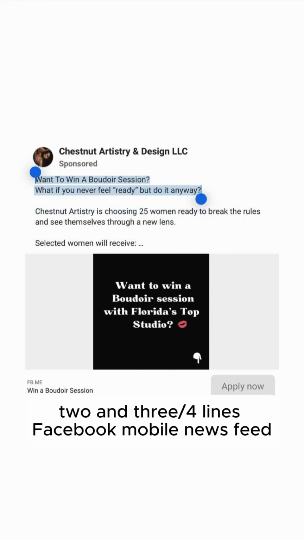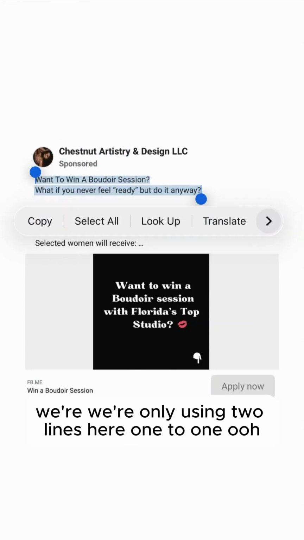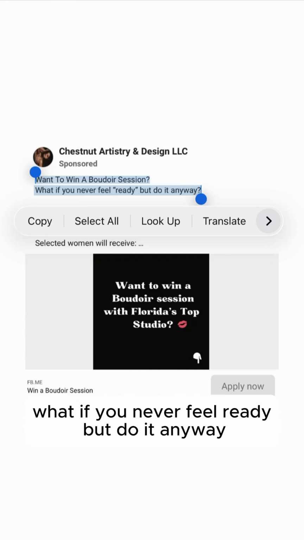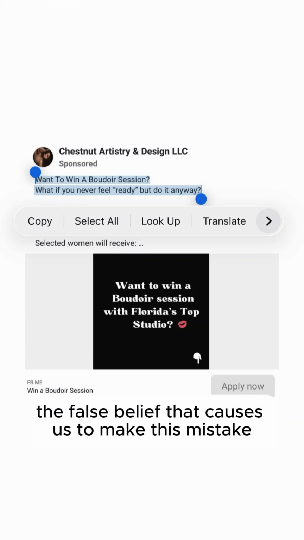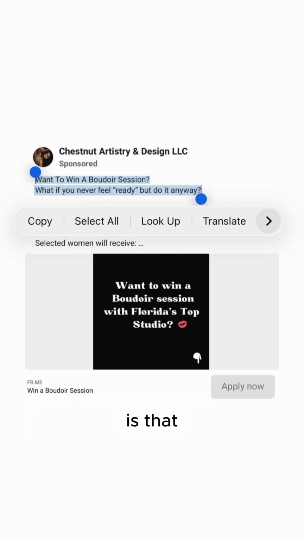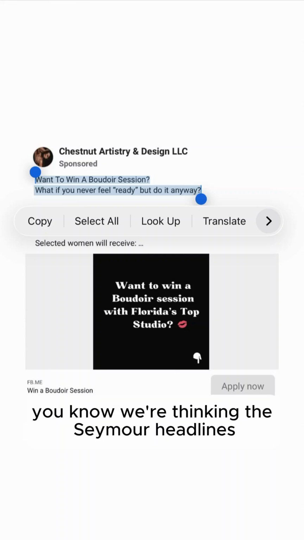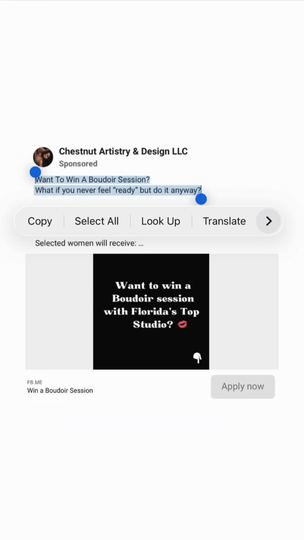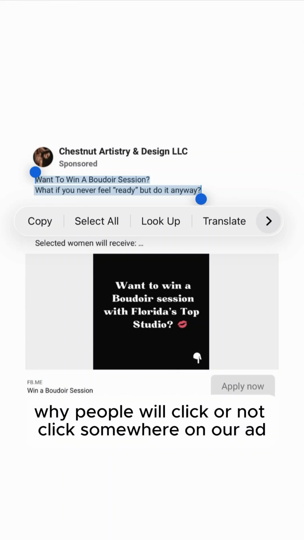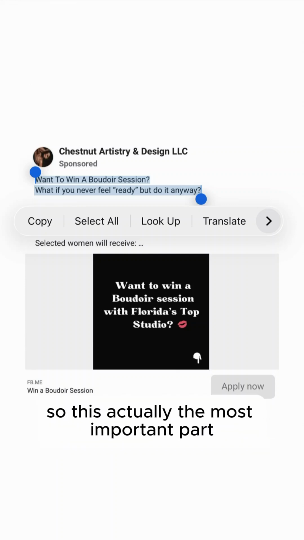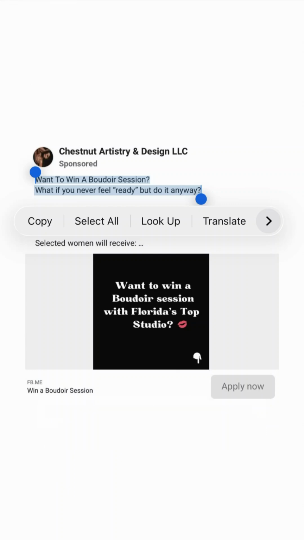Finally, we're going to look at the see more headline here. First 2 3/4 lines, Facebook mobile newsfeed. We're only using 2 lines here. "120 Boudoir session. What if you never feel ready, but do it anyway?" All right, so this is a lack of context mistake. The false belief that caused us to make this mistake is that we think the see more headline matters little, when in fact it's literally 80% of the reason why people will click or not click somewhere on our ad. So this is actually the most important part.